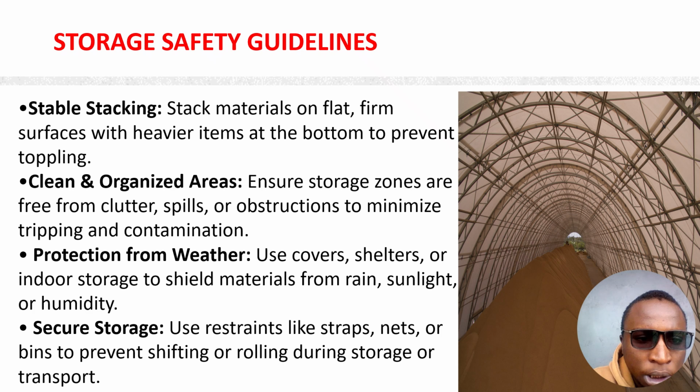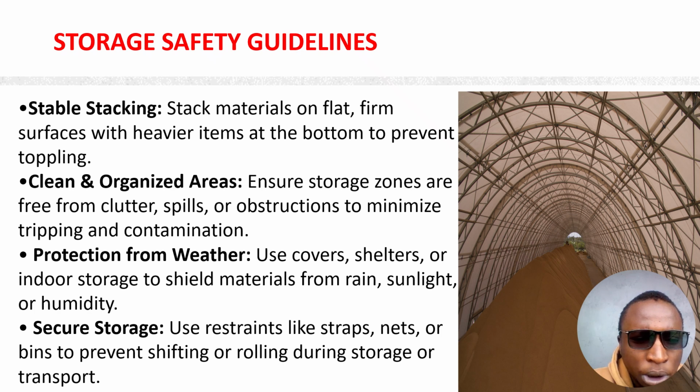We can also talk about clean and organized areas, where we ensure storage zones are free from clutter, spills, or obstructions to minimize tripping and contamination. The obstructions are those we may encounter on our way, and you are also supposed to keep it clean.